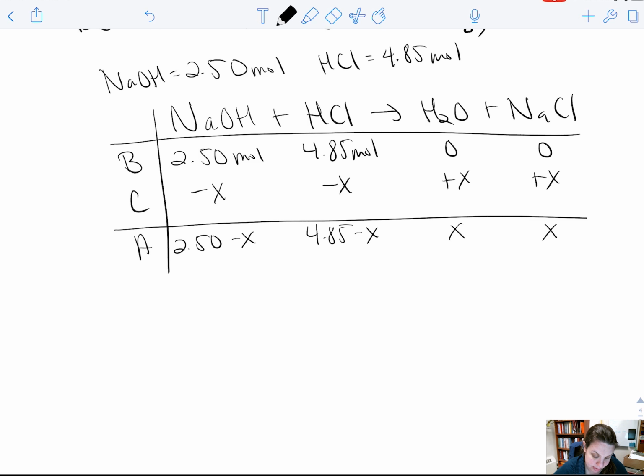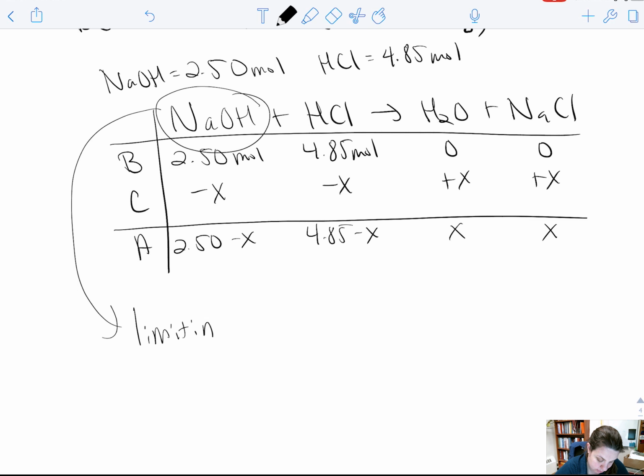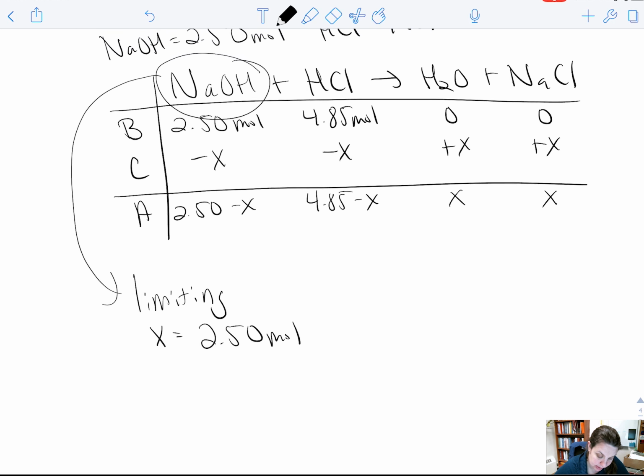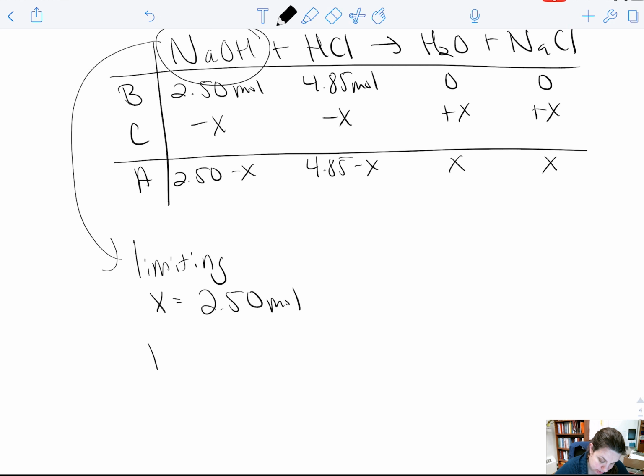Okay? Now, this right here is our limiting reagent. It's in the smaller quantity. So x is going to equal our limiting reagent, 2.50 moles.